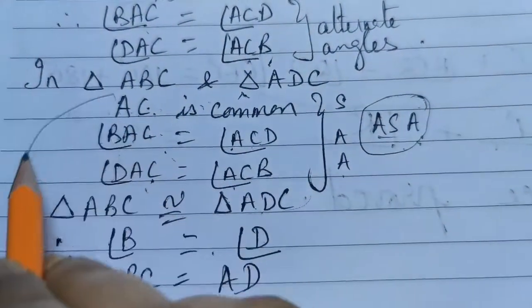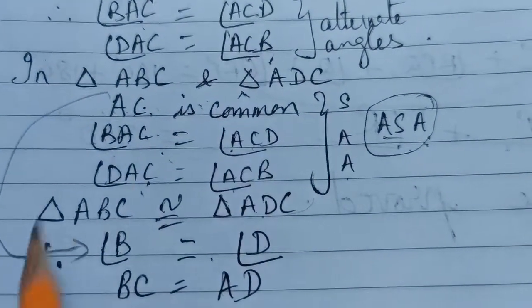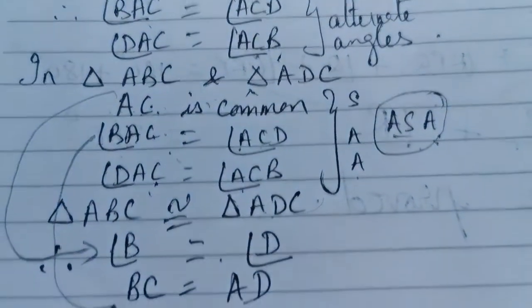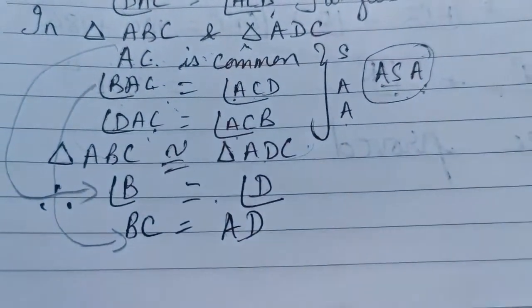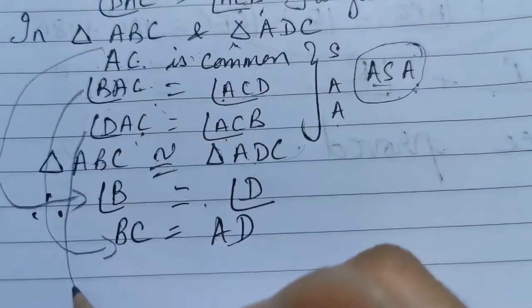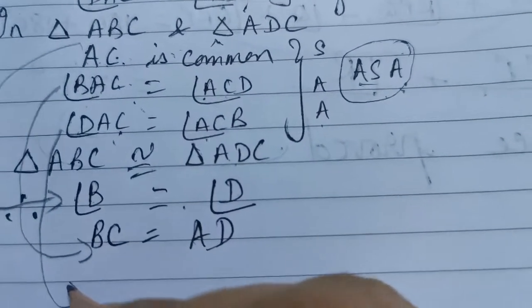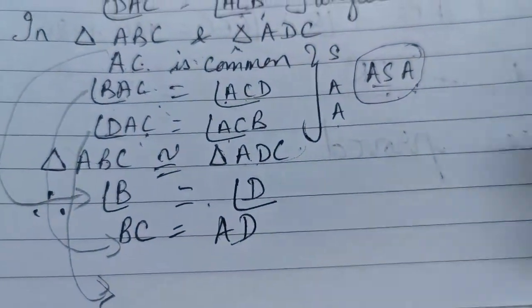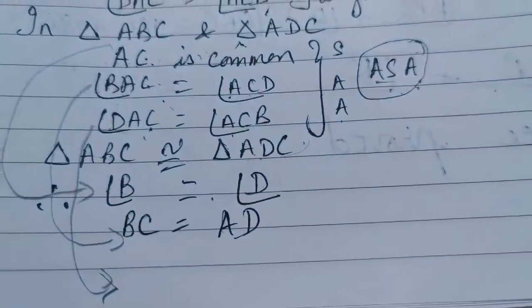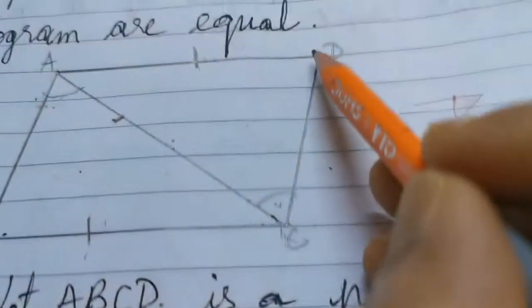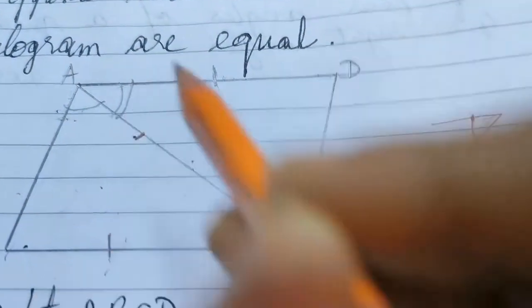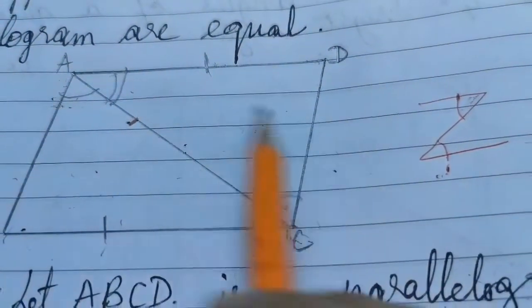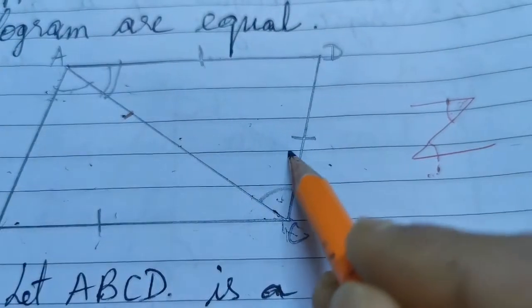From side, we got the angles are the same. From the angle, we got sides are the same. Now I have another angle. So from that, we will get another pair of sides. What is the first angle? DAC. So DAC is this angle. Correct? So the side opposite to DAC is DC.